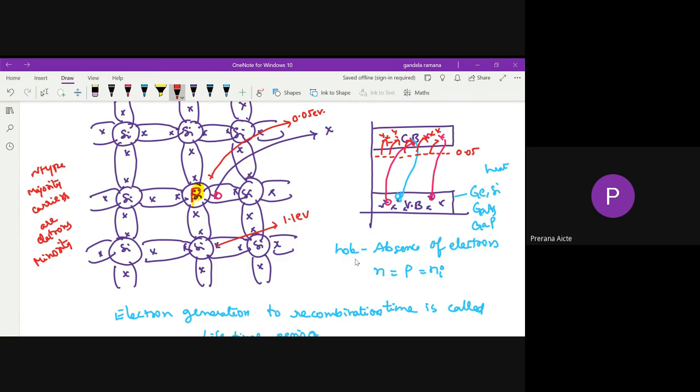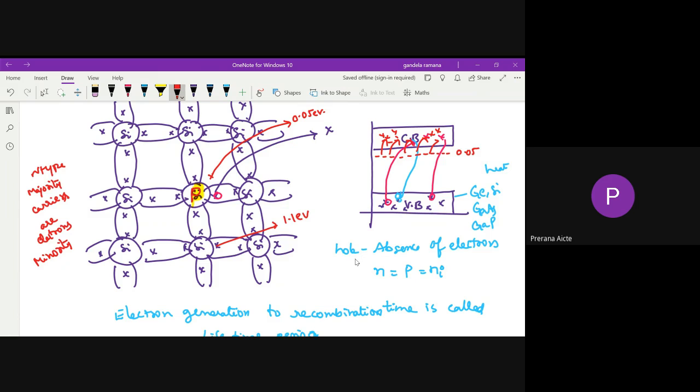So in N type semiconductor material, the majority carriers are electrons and minority carriers are holes.